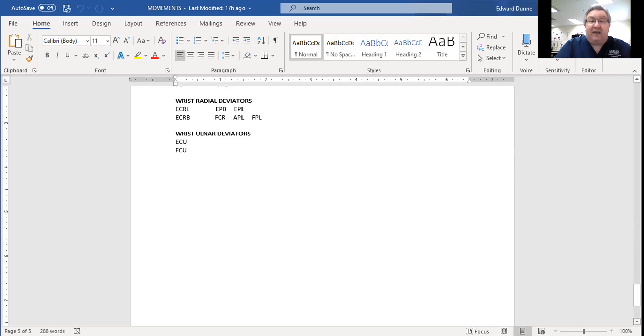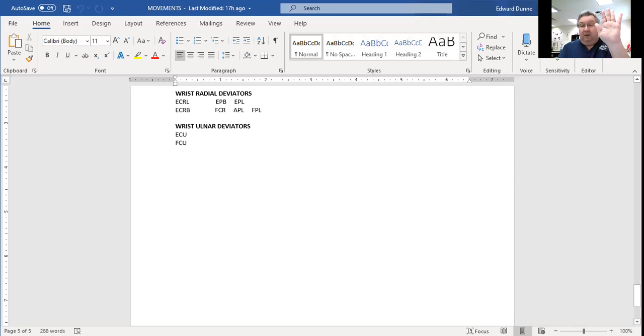Wrist radial deviators. I'm going to want you to know the wrist radial deviators on the left. So radial deviation is where the wrist tilts to the thumb side, tilts towards the radius bone. There are two main muscles that perform radial deviation: extensor carpi radialis longus and extensor carpi radialis brevis.